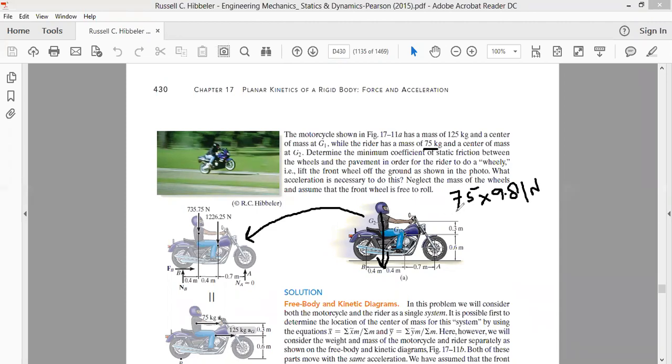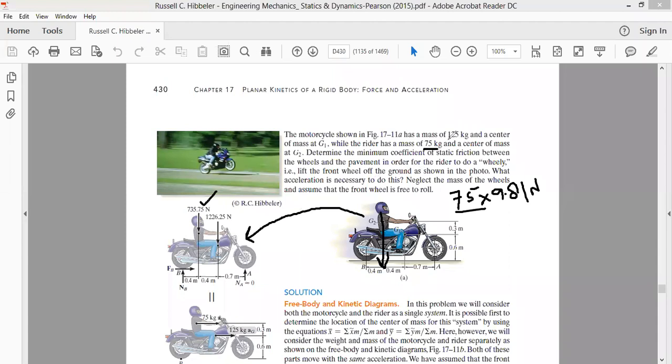When we calculate 75 multiplied by 9.81, it comes out equal to 735.75. So this much force will be acting downwards through the center of gravity of this motorcyclist. Now look at the motorcycle.